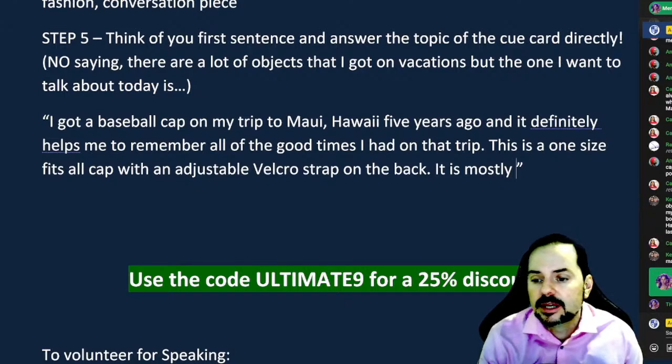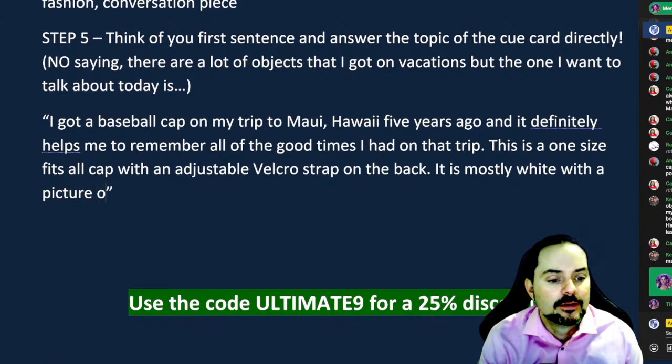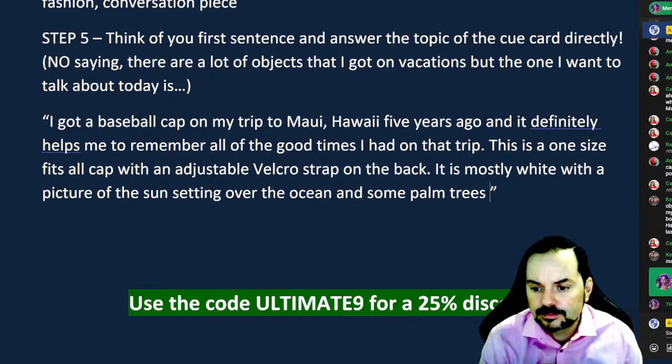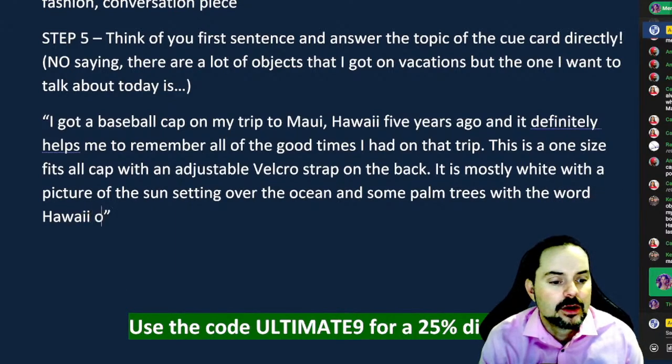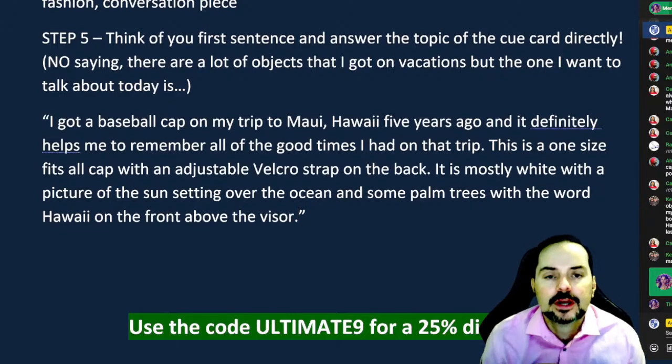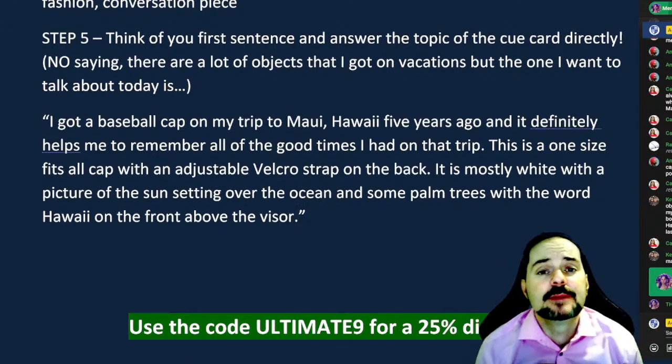It is mostly white with a picture of the sun setting over the ocean and some palm trees with the word Hawaii on the front above the visor. Okay, so I've just described what this baseball cap looks like.